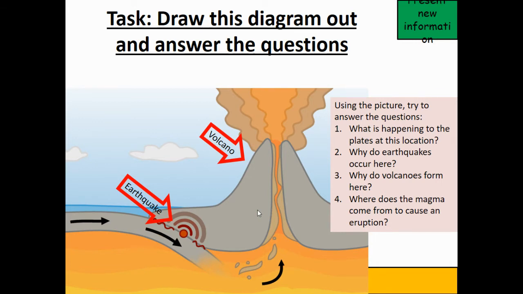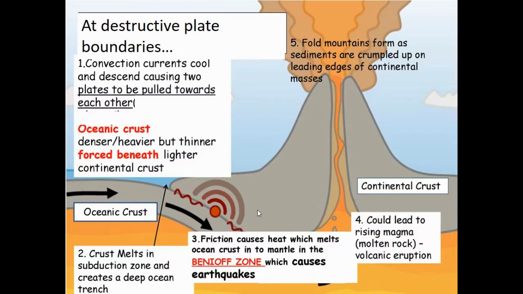And then what I want you to do is pause it here, draw it, and then move on to the next slide to fill out the missing bits. So you've got here number 1, number 2, number 3, number 4, and then number 5 at the top. Okay, so can you then please draw those out for me, or write them out for me once you have drawn your diagram? Okay.